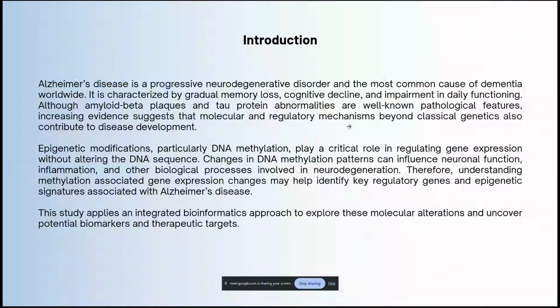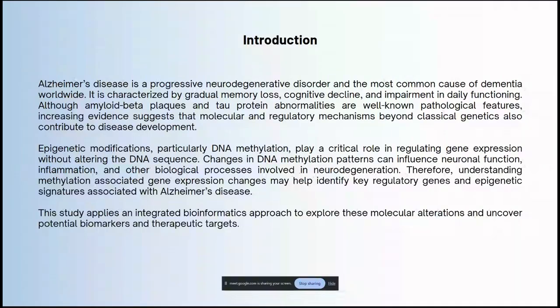If I talk about the introduction of Alzheimer disease, I will say Alzheimer disease is the most common form of dementia, and it is marked by progressive cognitive decline and memory loss. Pathologically speaking, it is characterized by the accumulation of amyloid beta plaques and neurofibrillary tangles in the brain.